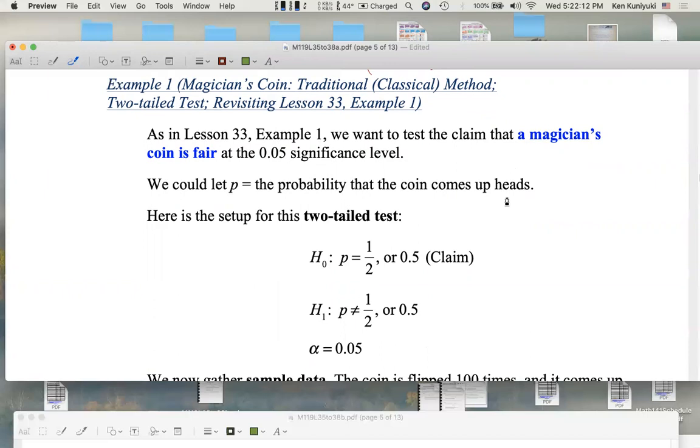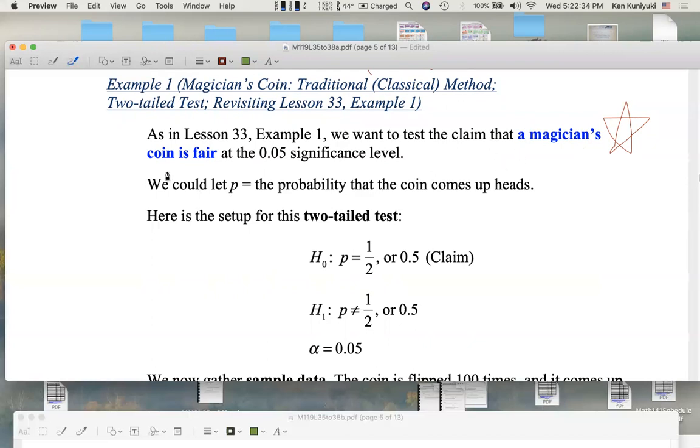All right. As in lesson 33, example 1, we want to test the claim that a magician's coin is fair at the 0.05 significance level. Now we could let P be the probability that the coin comes up heads. Here's the setup.